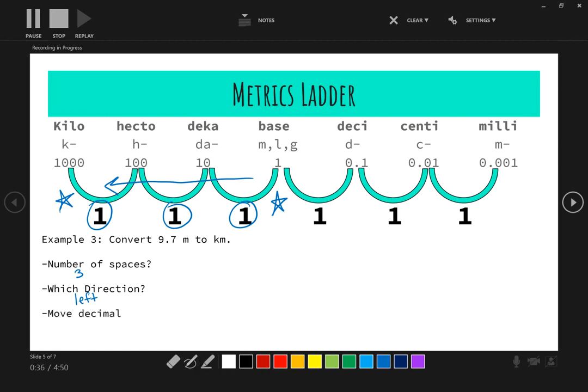So we are going to move our decimal 3 places to the left. So our number is 9.7, and we're going to go 1, 2, 3. What goes in those spaces? Zeros. So our decimal goes away and our new decimal is where we moved it. So we have a final answer of 0.0097 km.